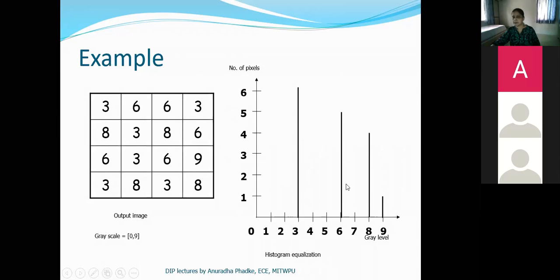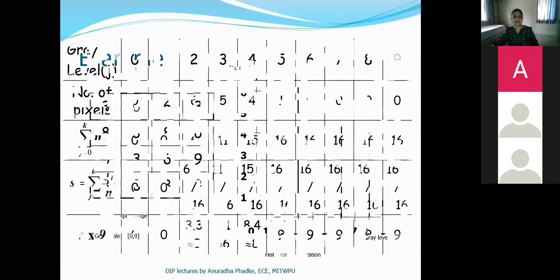Okay. So it is spread over a greater range and it is approximately equal. Okay. It is not an ideal uniform distribution, but we can say it is approximately equal to a uniform distribution. Okay, so this is your process of applying histogram equalization on the given image.